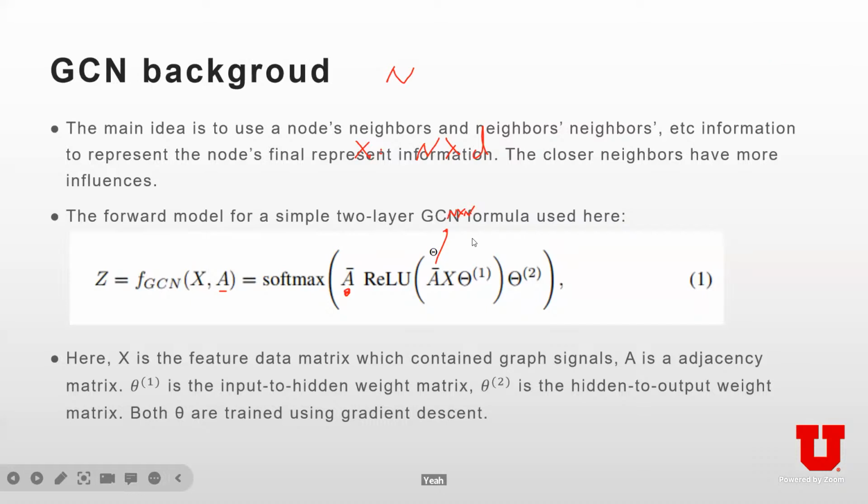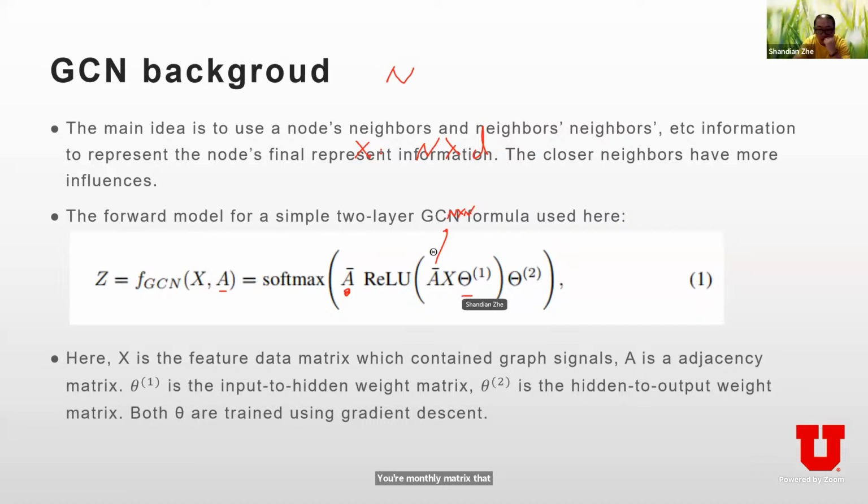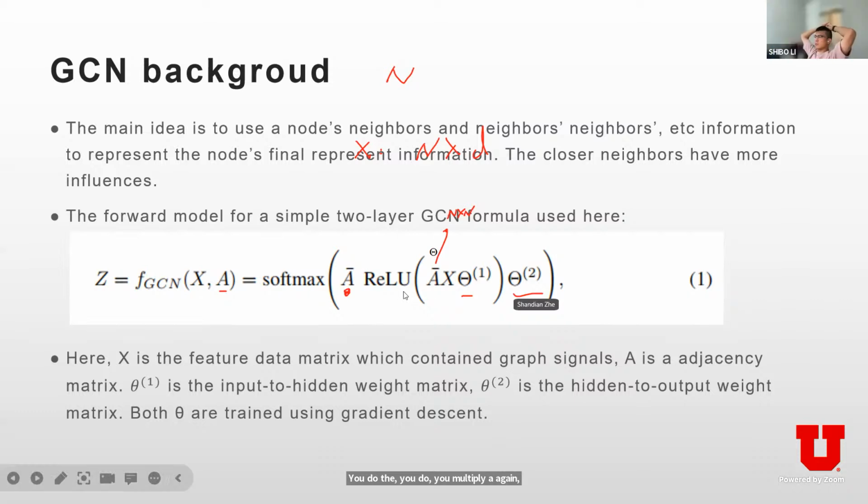Multiplying with a matrix won't change the row number. You do the ReLU, you multiply A again, you multiply a second-level matrix. The activation function can be chosen by others, but this paper uses the ReLU one.